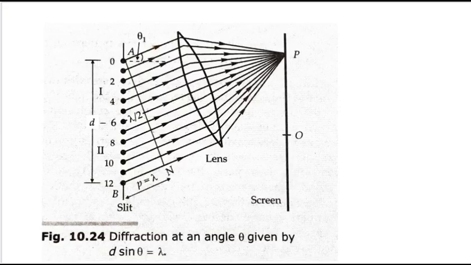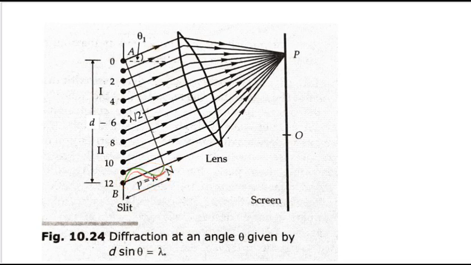Now look here. Consider the extra path traveled to be lambda. This extra path difference is the distance equivalent to one wavelength.